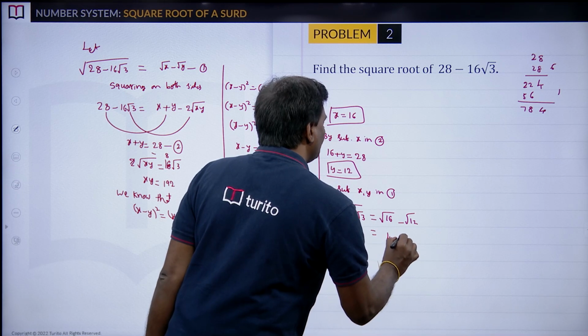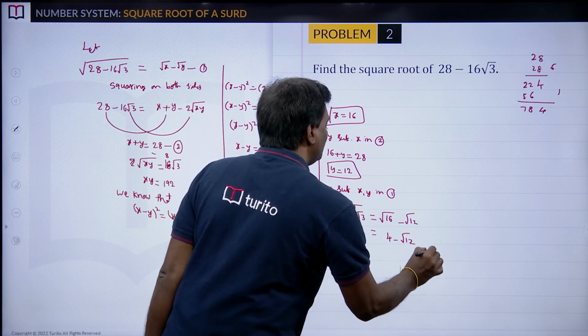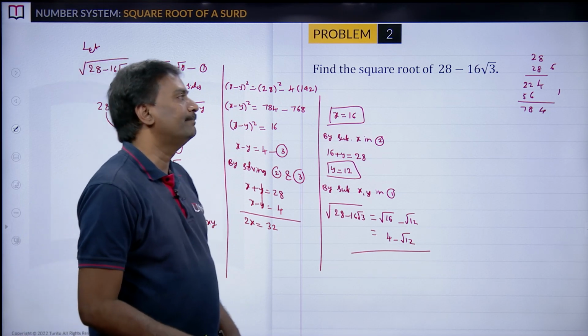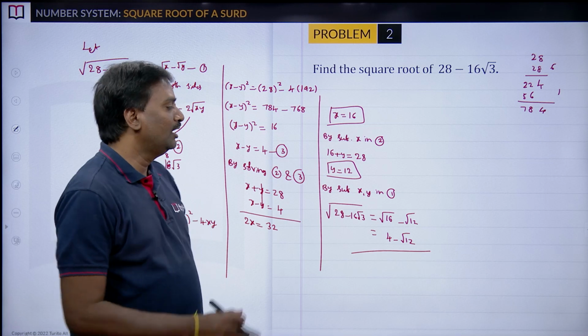So root 16 means 4 minus root 12. So this is the square root of the number 28 minus 16 root 3. So this is the general method.